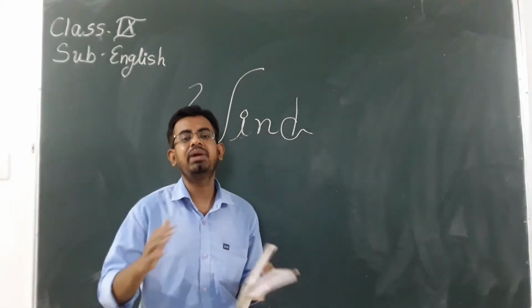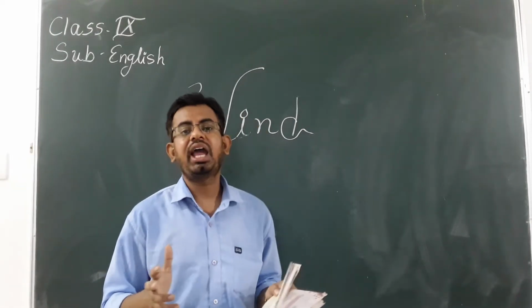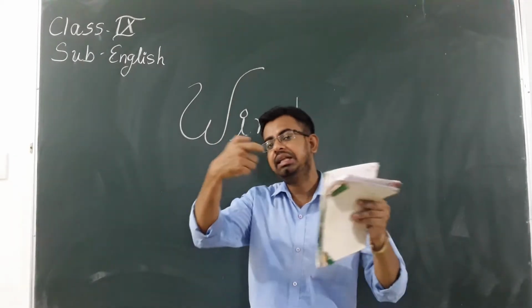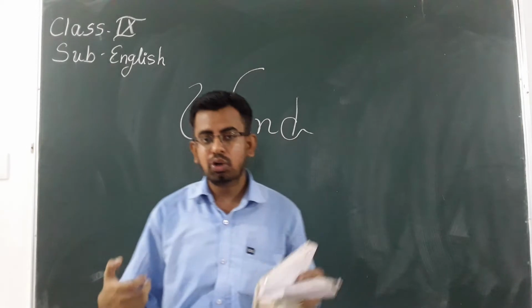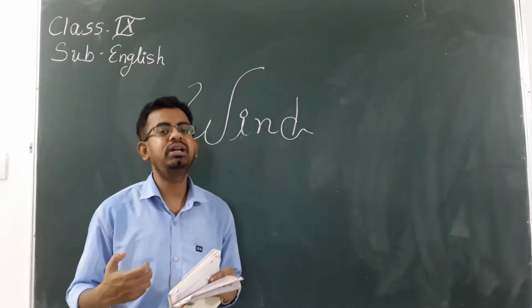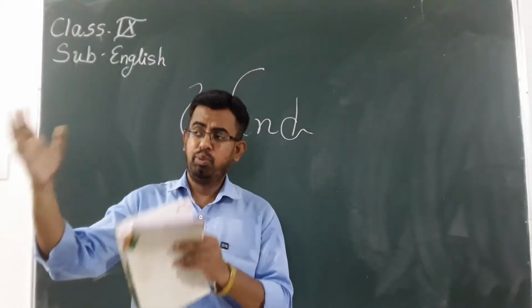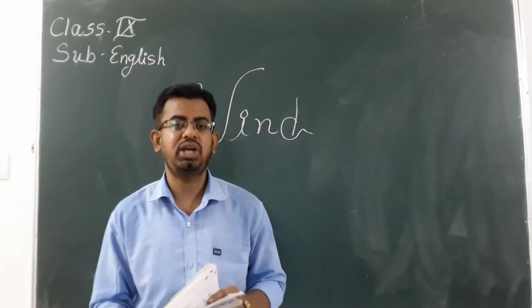So if the wind comes, it will scatter the pages. It will break the shutters of the window. Shutters means the hook through which the window is closed. Then the poet is saying that it will even make the books fall from the shelf.